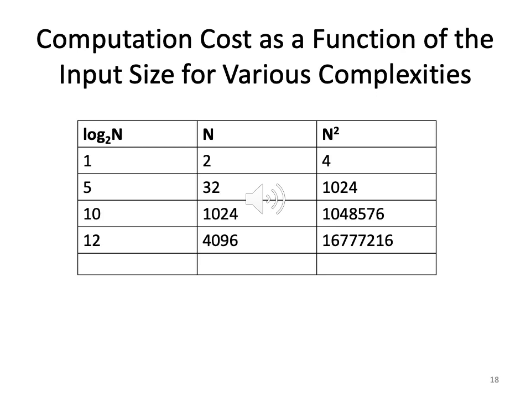So the numbers you see for n is 2, log n is 1, n square is 4. So you can see as n increases, the differences also increase. For n is 4096, because 4096 is 2 raised to 12, log n is 12. N square is, you can see, 16777216.